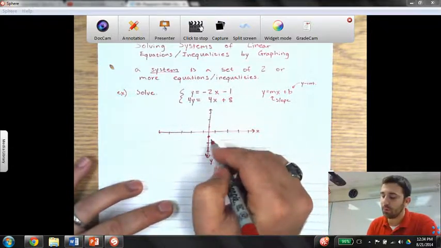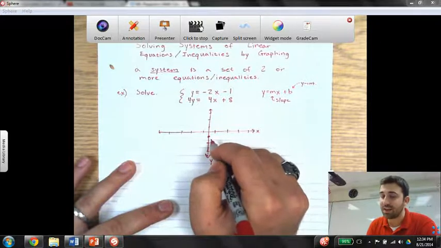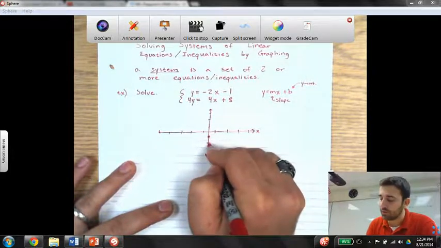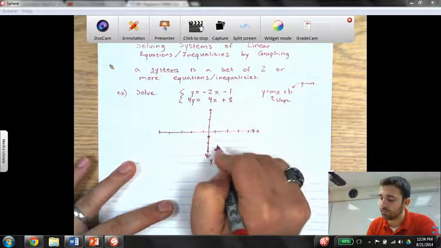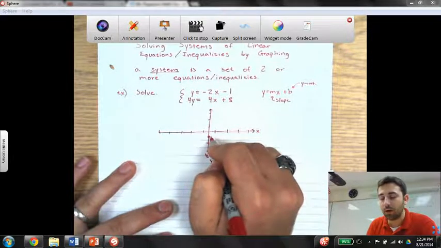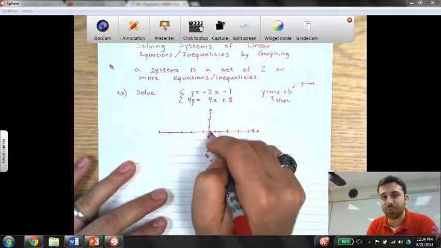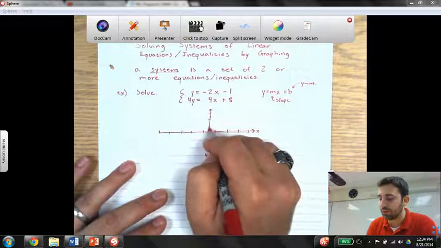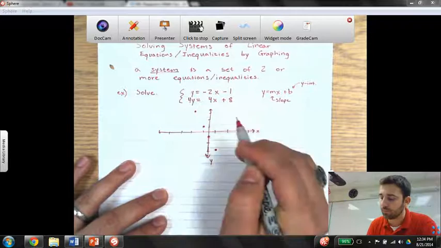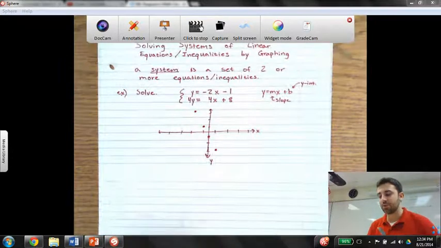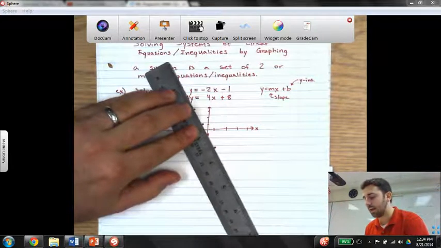So I'm going to rise 2 and run 1, but in the negative direction. So down 2 over 1. And then when I want a point on the left side of my y-axis, I do the reverse, and so I go up 2 and to the left 1. It doesn't matter the direction you're going, as long as you're keeping your coordinates in a line.